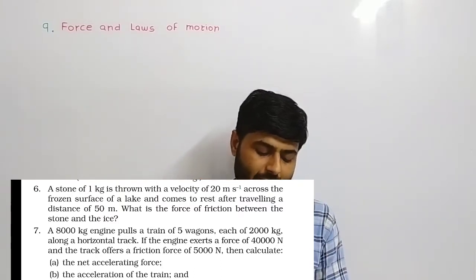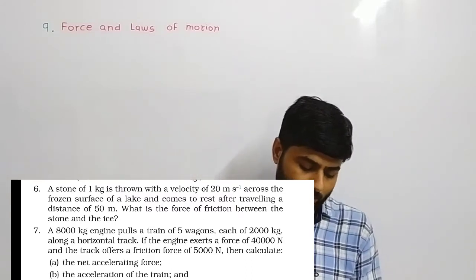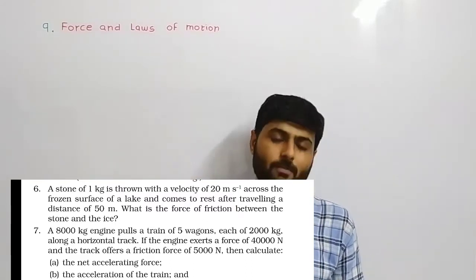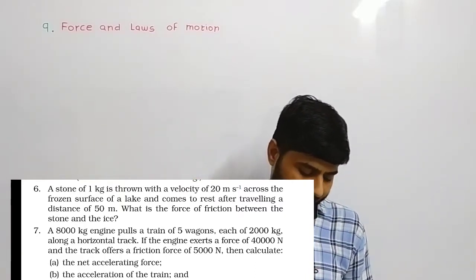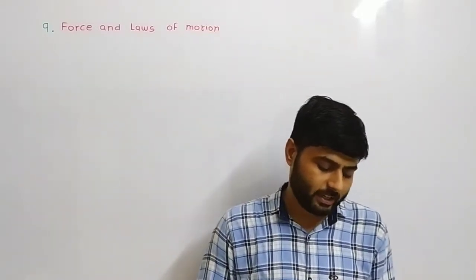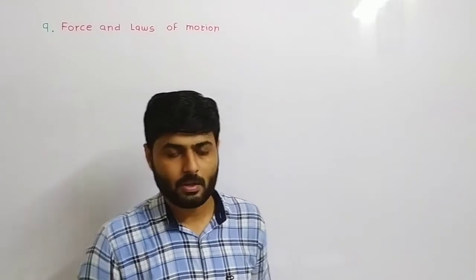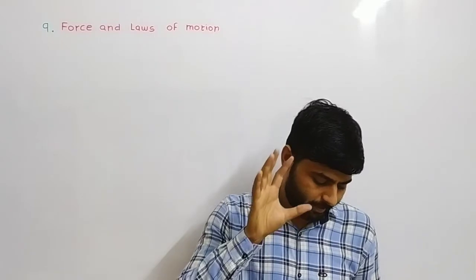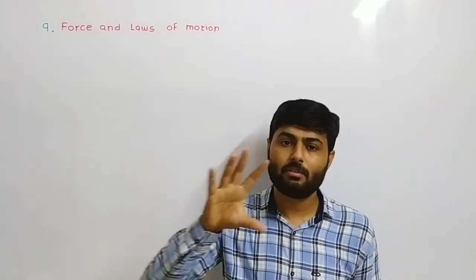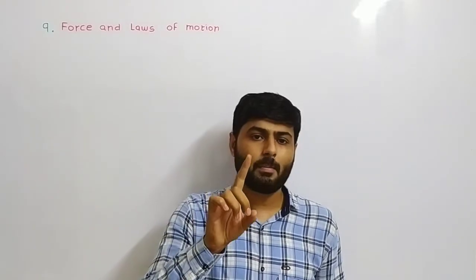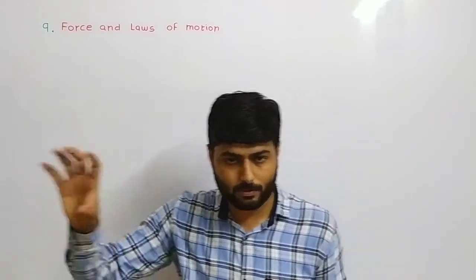If the engine exerts a force of 40,000 Newton and the track offers a friction force of 5,000 Newton, calculate A, the net accelerating force, and B, the acceleration of the train. So the situation is, there is one train with an engine of 8,000 kg mass and 5 wagons, each of mass 2,000 kg. So we have the engine plus 5 wagons.